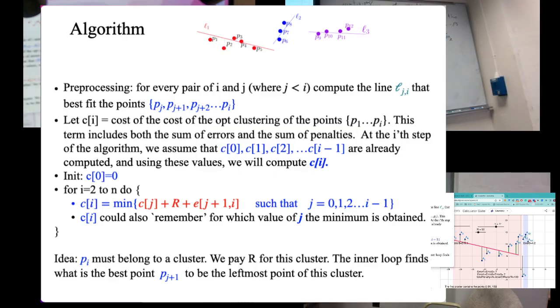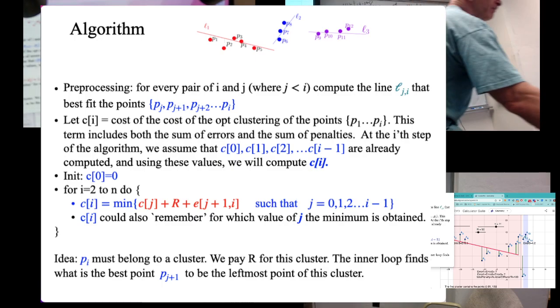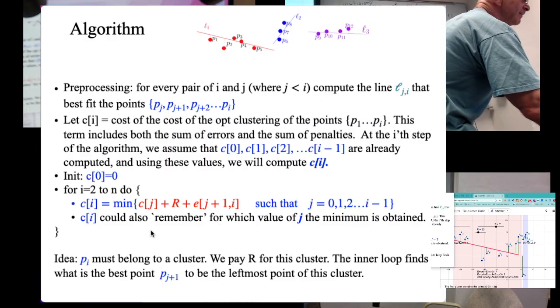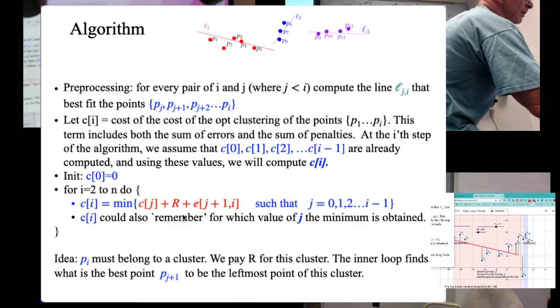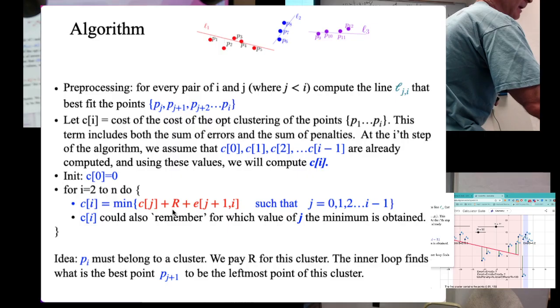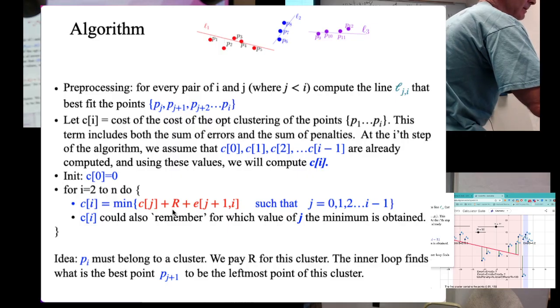It opens a cluster, and you note, no matter what this cluster is, a point that opens a cluster, the rightmost point in the run, has to pay R dollars. So P3 has to pay $1. So Ci is going to pay R dollars no matter what.